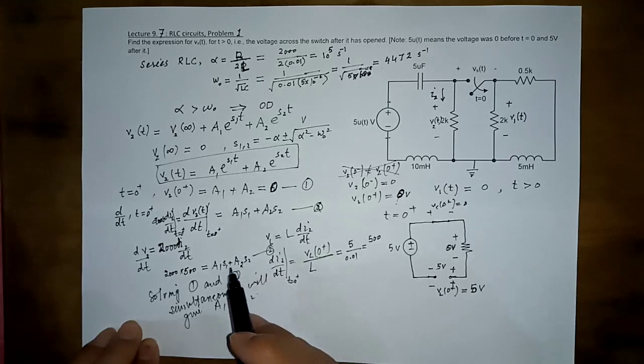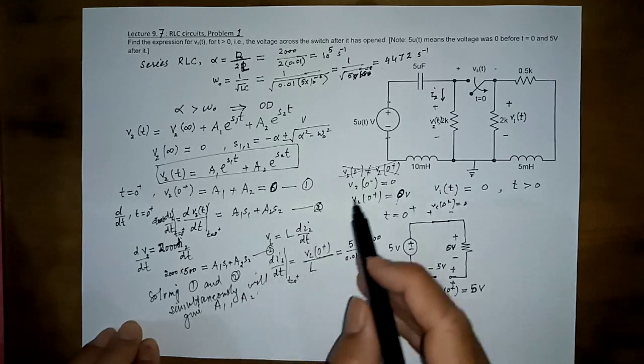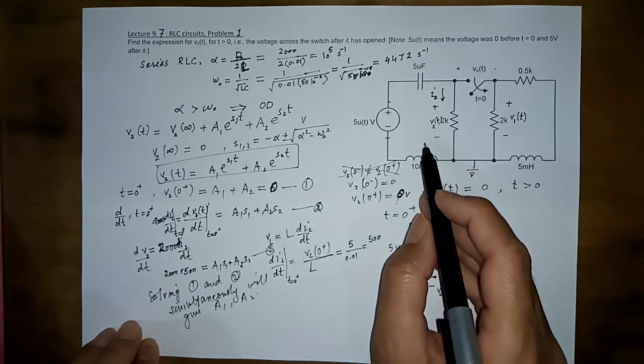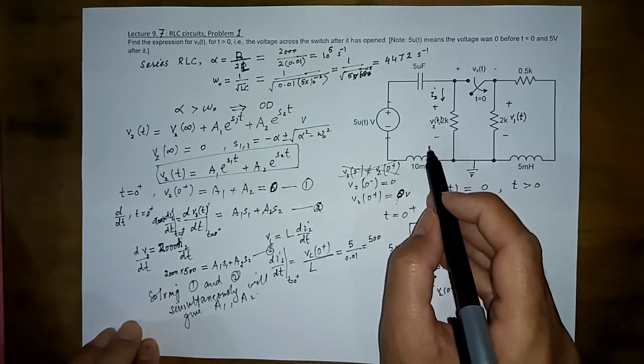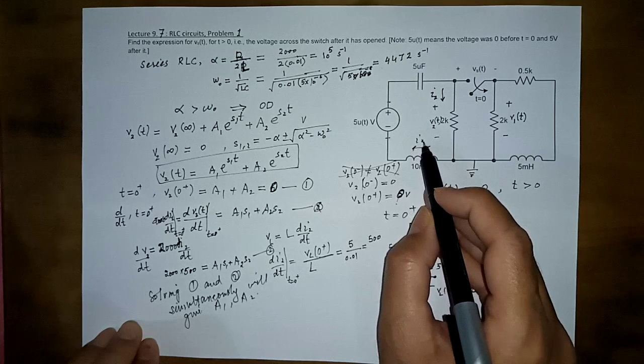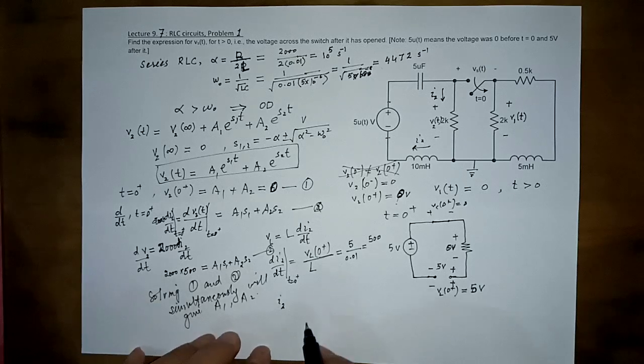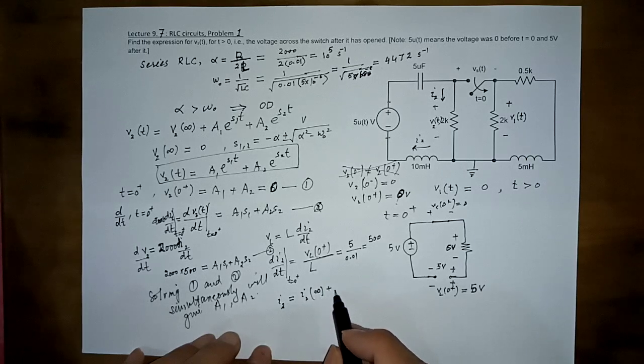And let me also tell you a very, very important thing. This is not the only way of doing it. Somebody can come up and say, oh, in a series circuit, we used to find the current, so let me find the expression for current. He or she will start with I2, whatever he or she calls this current. So he will say I2 is equal to the final value of I2 at infinity plus A1.